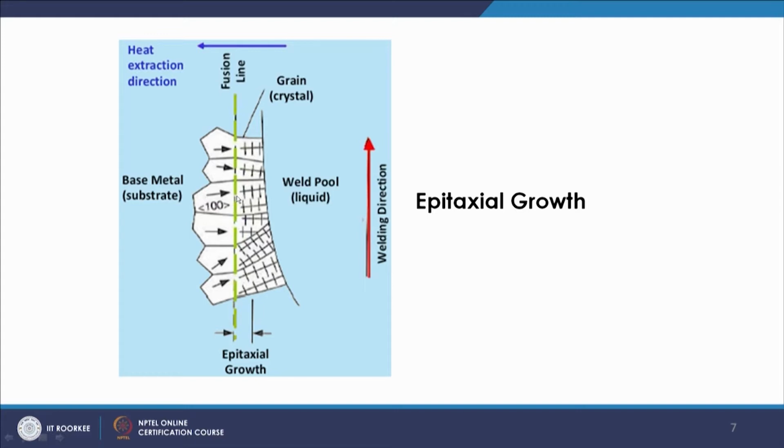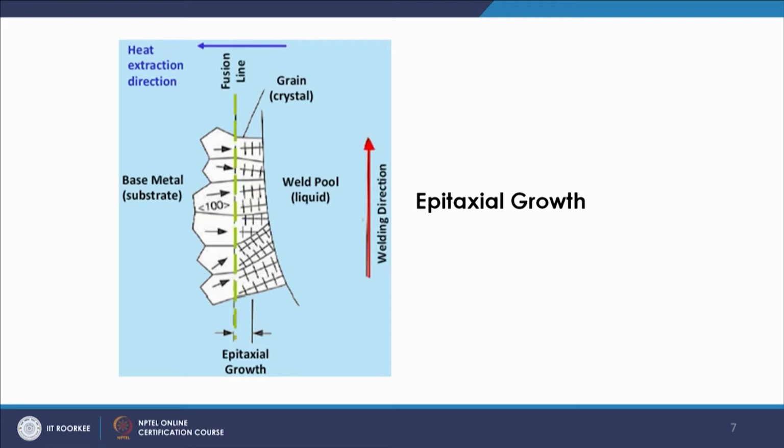So, this basically acts as the nucleation points, and these are the points where the growth starts, and they will grow in this direction. The heat extraction direction is from here to this side, and that is why growth of the grains is in the opposite direction.